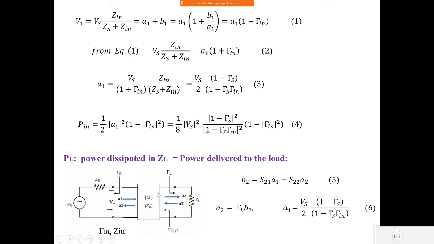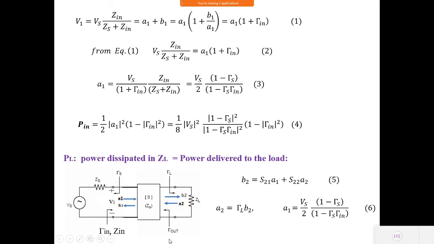Again assuming this is a source, the output of this network is a source to the load ZL. So the output impedance of this network must be matched with ZL, then maximum power will be delivered from here to the load ZL.